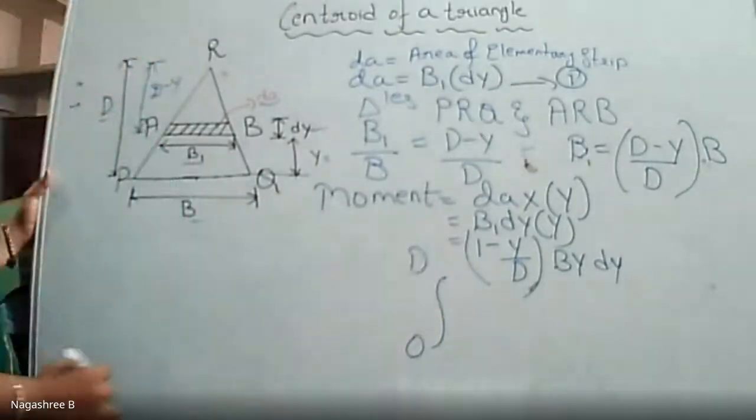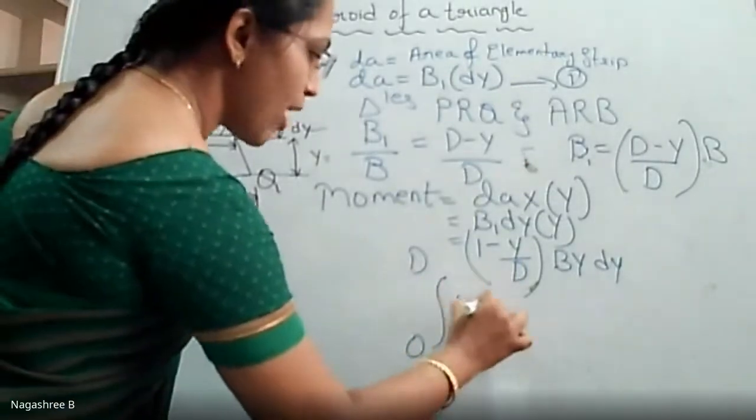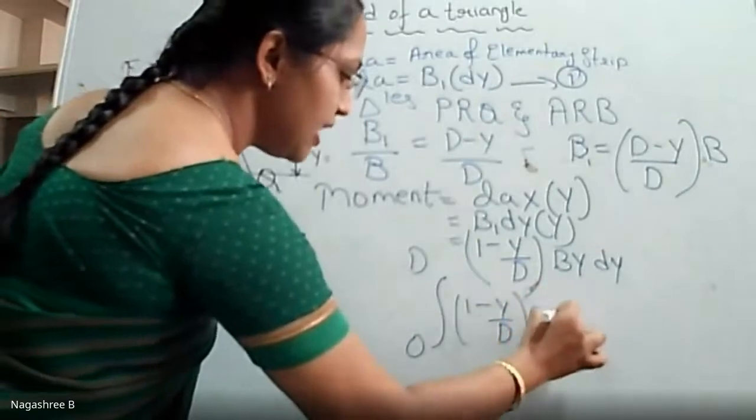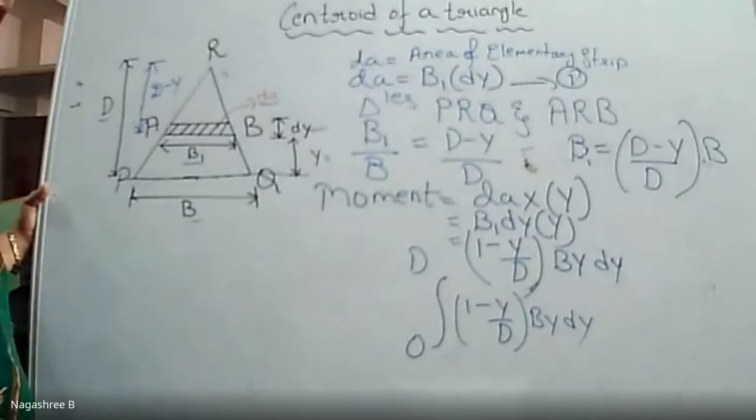So the integral from 0 to d of (1 minus y by d) times B times y dy.